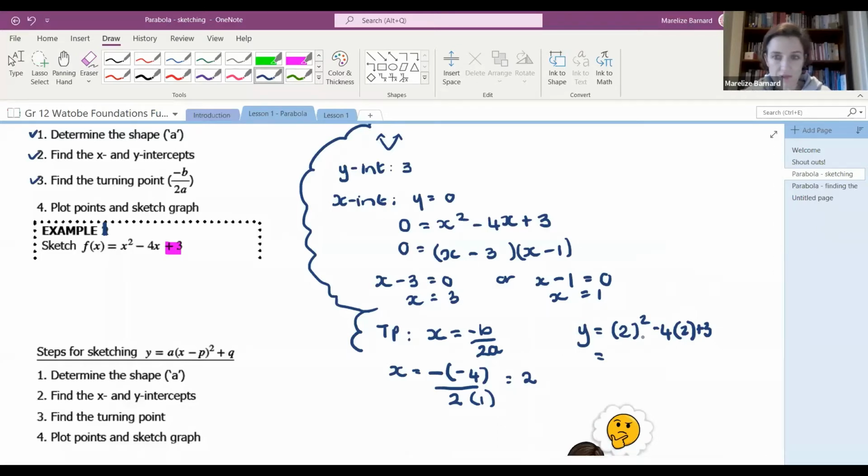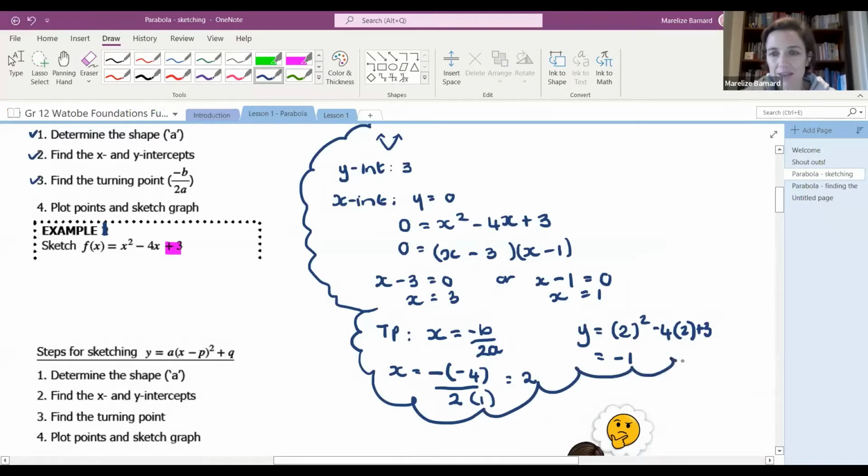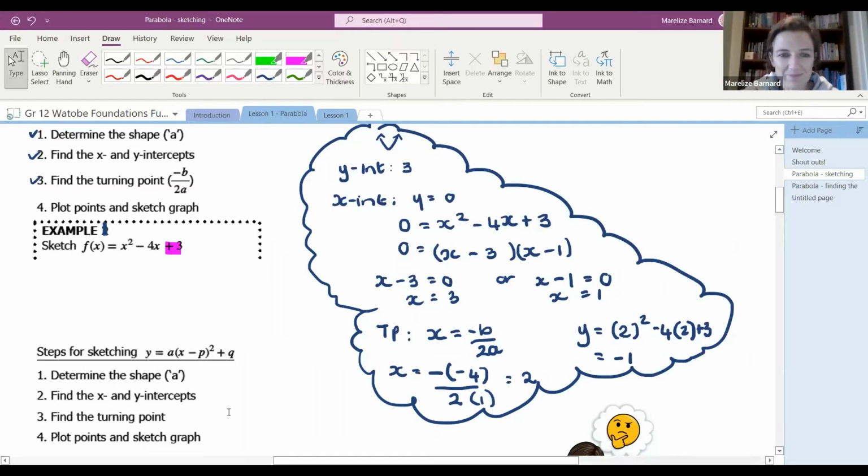This time of the afternoon, I need the calculator. Minus 1. Okay, all that work done, it ended up being a big thought bubble, much bigger than what I anticipated it was going to be. But that's basically our thinking if we want to sketch.